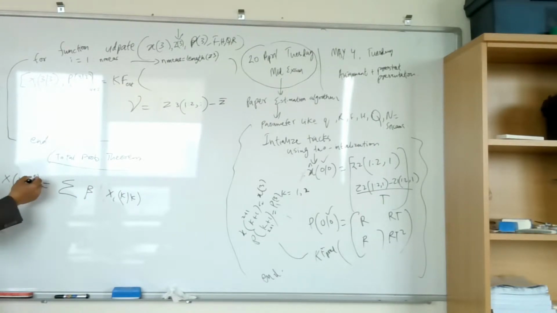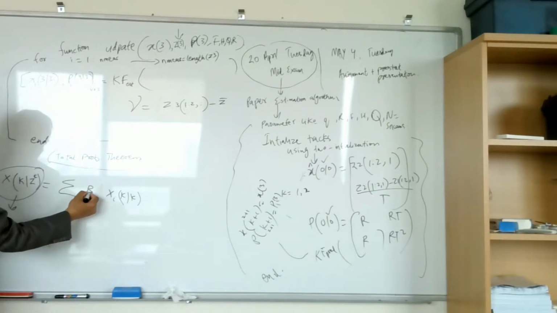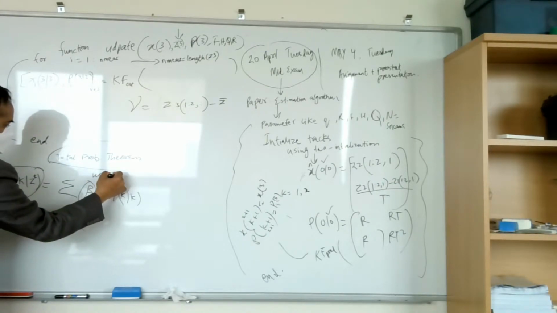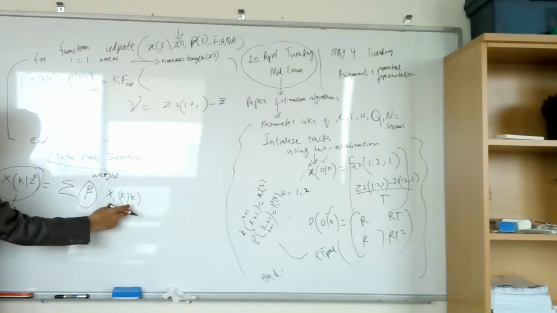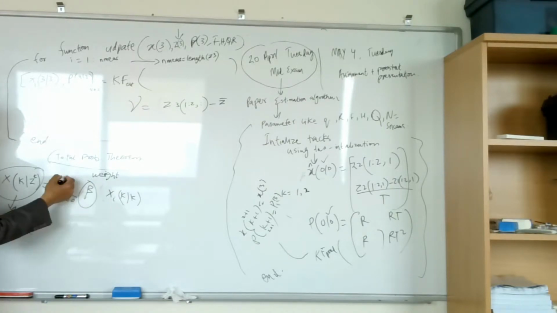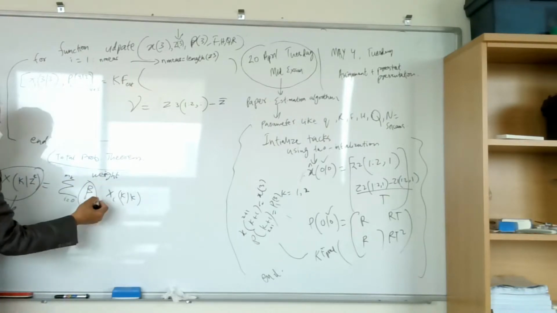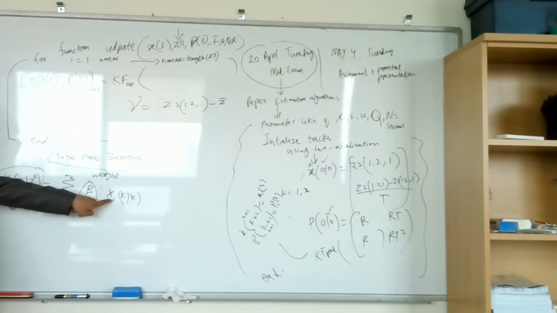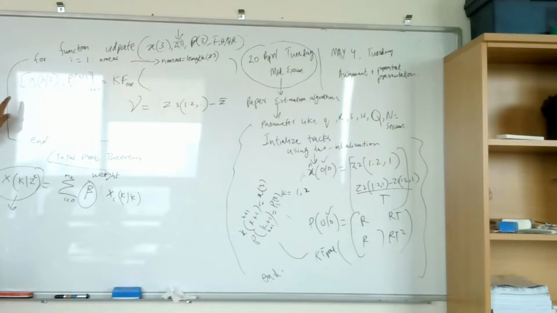Okay, so this is your final output. This is a weight which is multiplied to each step and summed up, for i equals 0 to, for example, mk measurements. Then you sum up the product of the weight and the step to give you the final output.